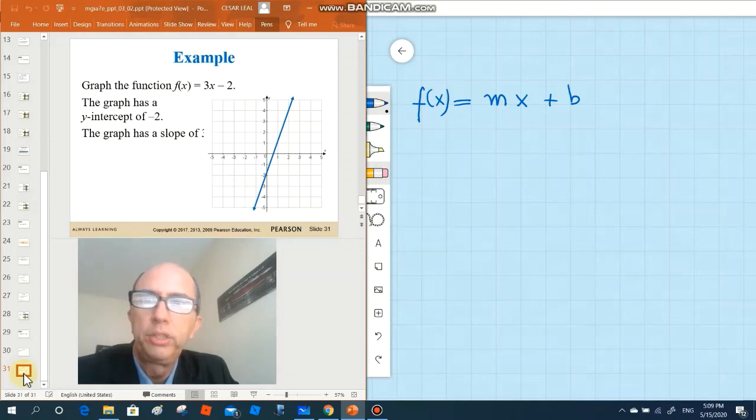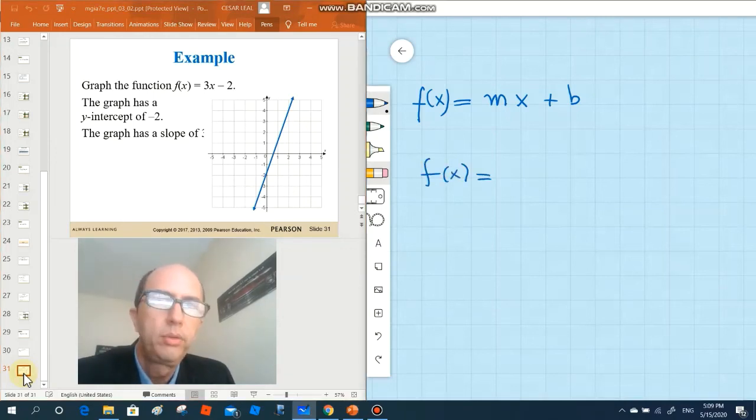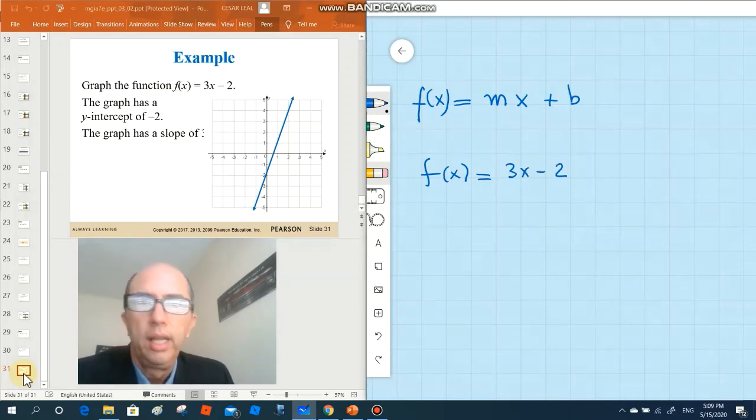Example, graph the function f(x) equals 3x minus 2. To graph this function, basically we need to find values of the function given some values of x.